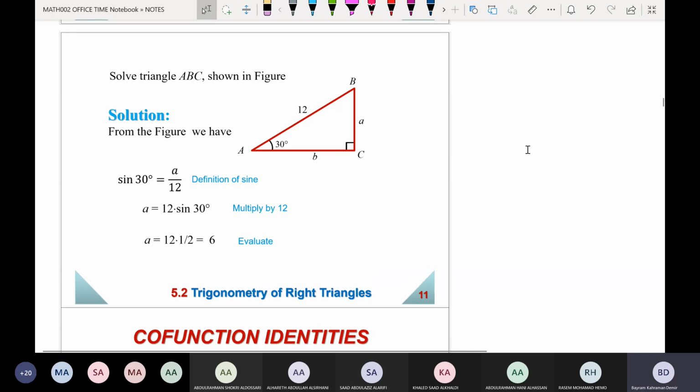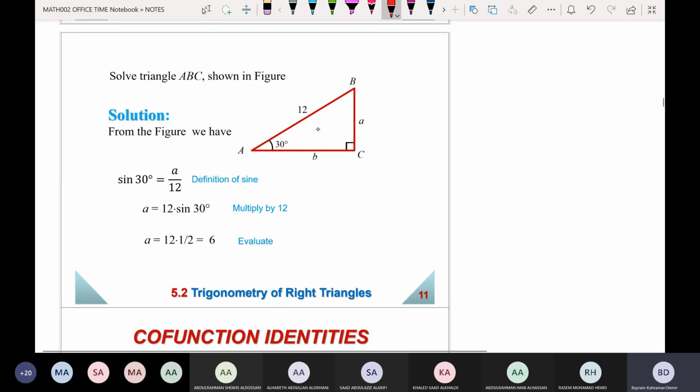Let's see some applications. Suppose we have a triangle with a 30 degree acute angle and hypotenuse 12. We are trying to find each of the perpendicular sides of the triangle. So let's use the sine of 30 degrees.